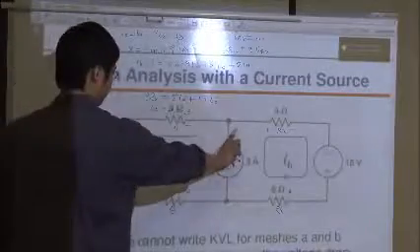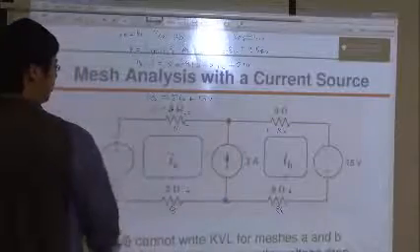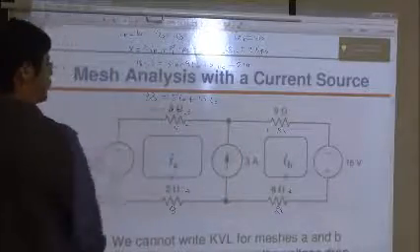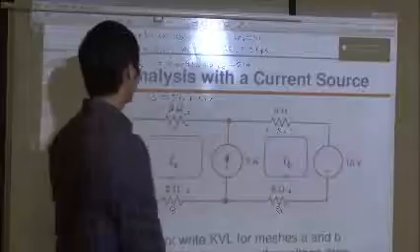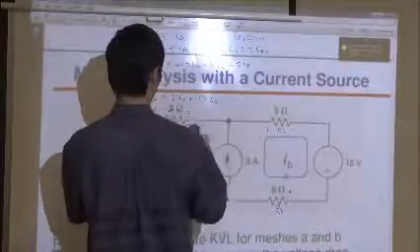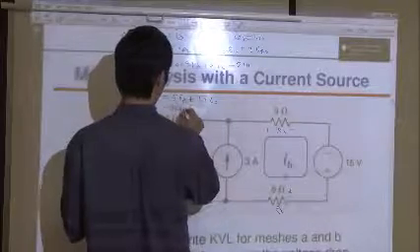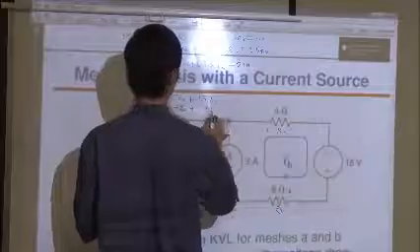Because IB going up, IA going down, and then you have a remaining of 3 going up. So IB minus IA is 3. We arrange it so 3 will be minus IA plus IB.